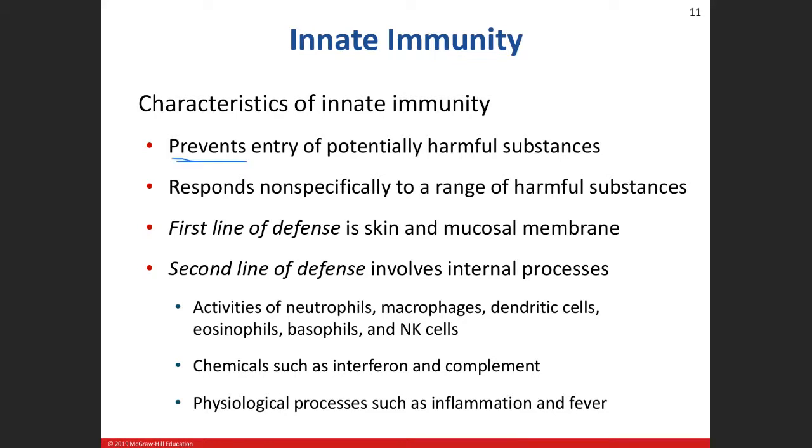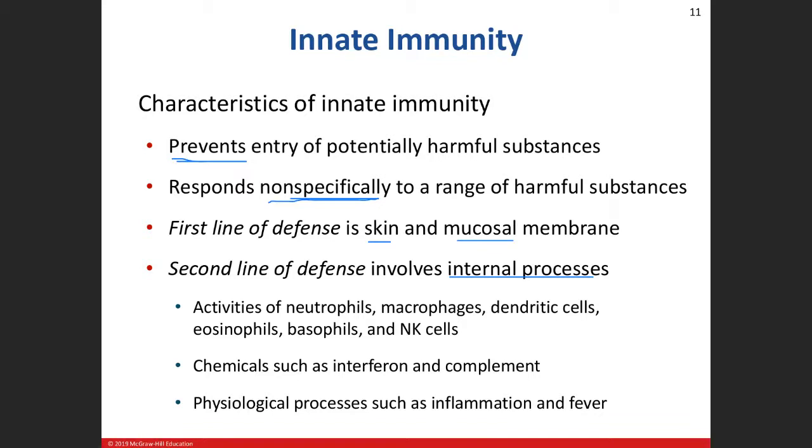It plays preventative defense, prevents things from entering, and if they do, it's going to make a somewhat aggressive attack, but non-specifically, on whatever those pathogens, those harmful substances, have managed to make it past the first line of defense. So that's why we say the first line of defense is the skin and the mucosal membrane. Our second line is going to be these internal processes that we're going to talk about.